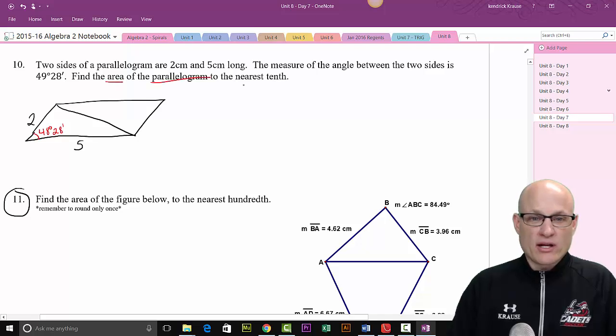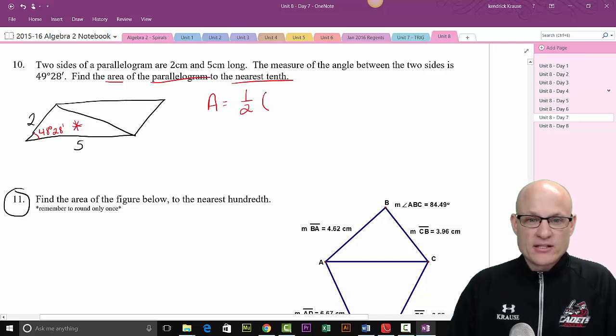Well, I don't have a formula for the area of a parallelogram. I only have the formula for the area of a triangle. So I'm going to find the area of the triangle. This one right here. So that's equal to 1/2 times 2 times 5 times the sine of 48 degrees, 28 minutes.